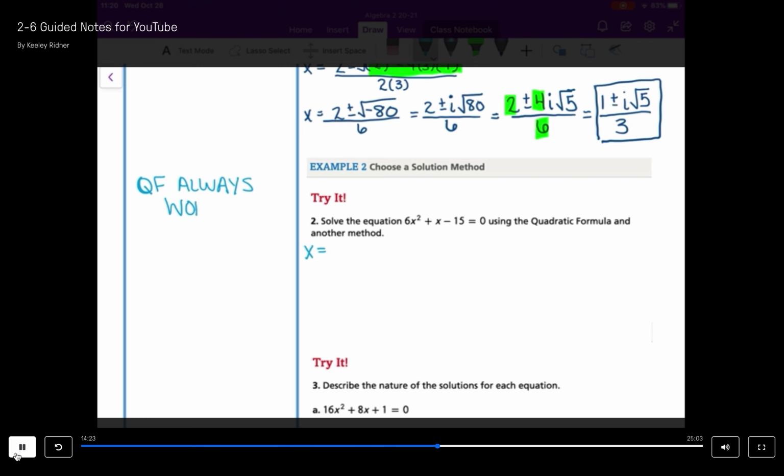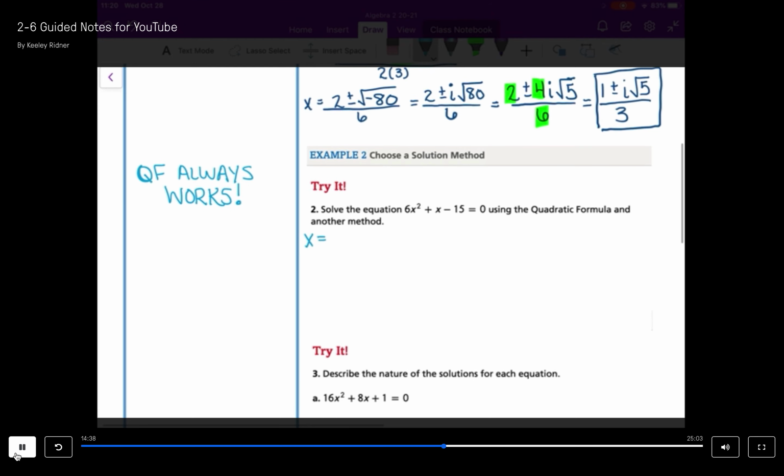You'll notice that it's kind of longer than some of the other ways we've talked about, so you only want to use it if you have to. But if you're not sure whether any of the other methods work, don't worry, use quadratic formula because it always works. Okay, so A is 6, B is 1 here because there's only one x there, and then C is negative 15.